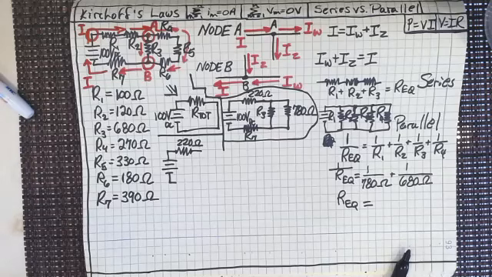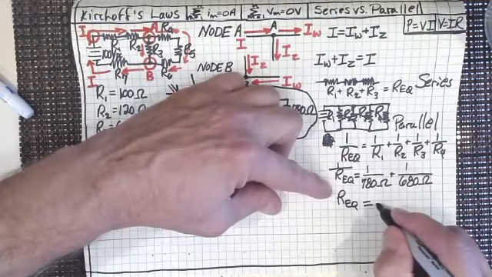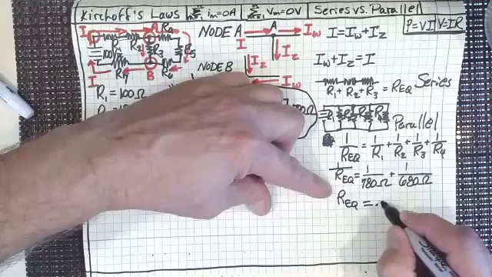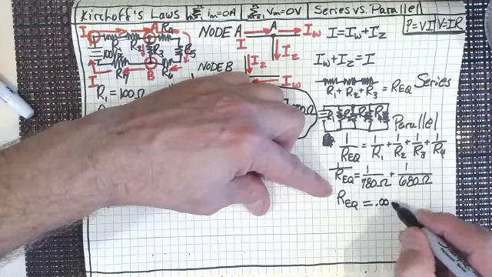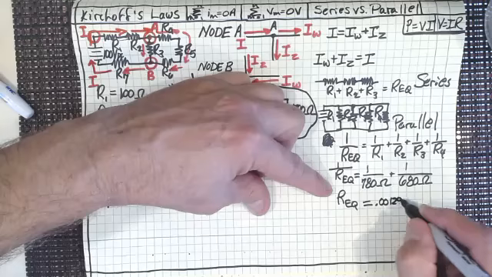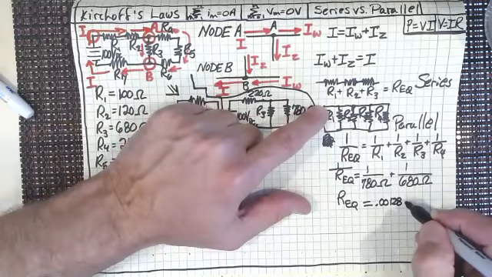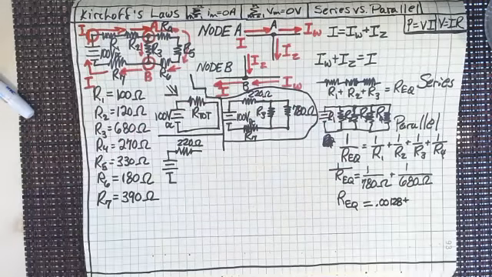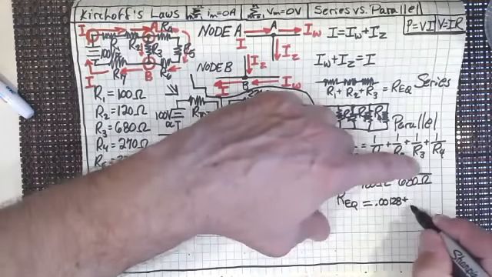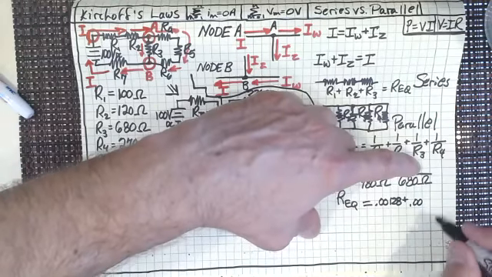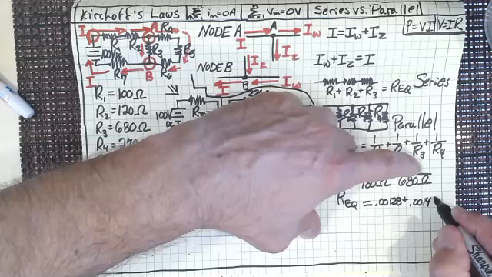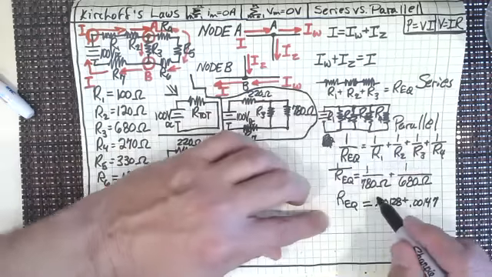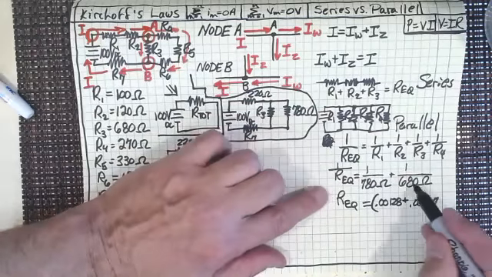So 0.00128, that's 1 over 780, plus 0.00147. So those are the two, that's 1 over 780 and 1 over 680.